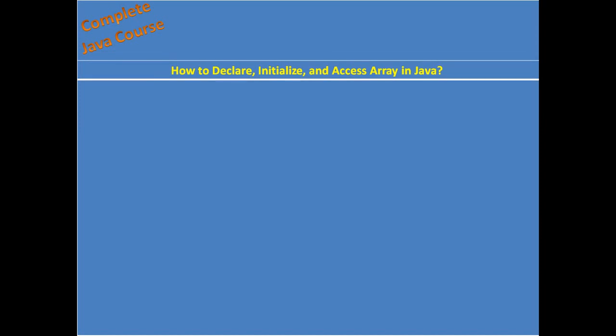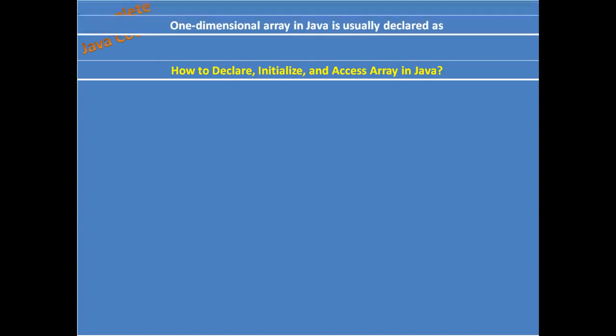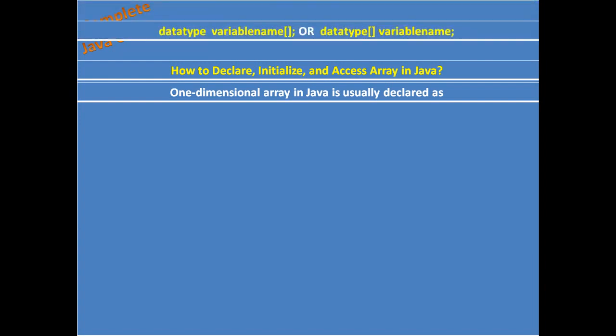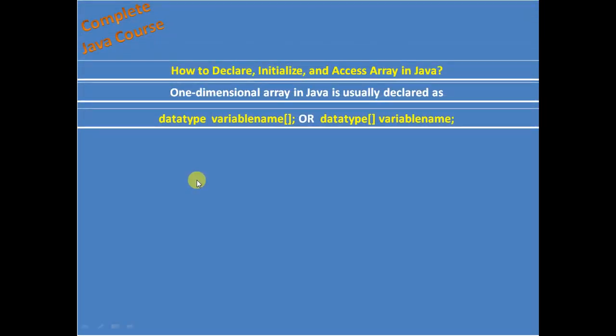How to declare, initialize, and access an array in Java? A one-dimensional array in Java is usually declared as follows: first we define the data type, meaning you want to declare an integer type array or float type array or long type array, then square brackets, then the variable.